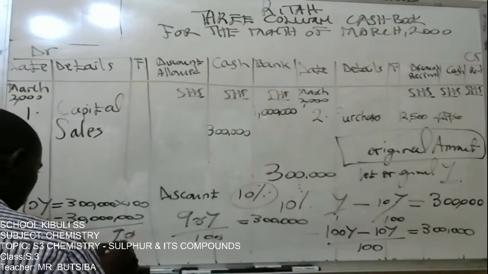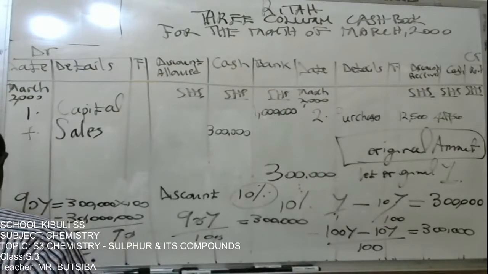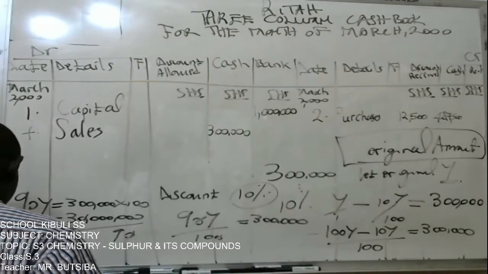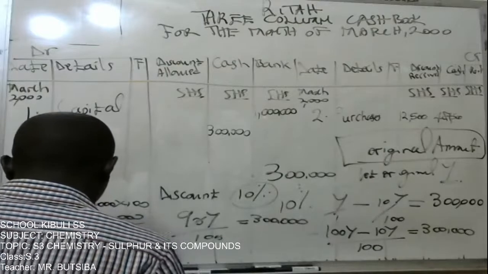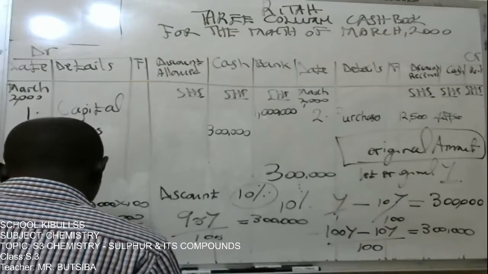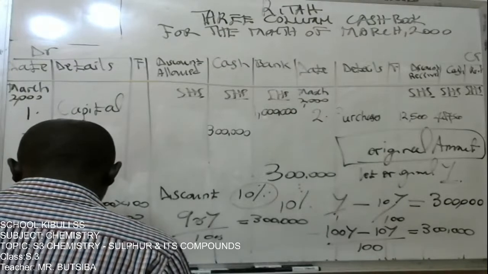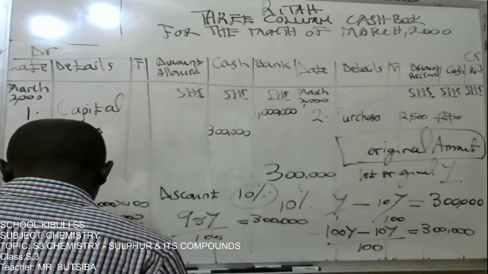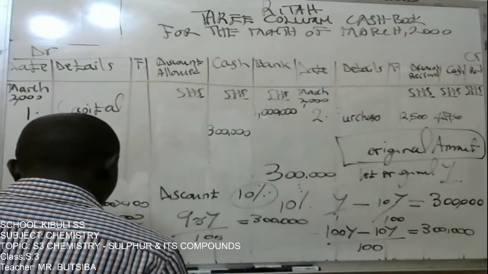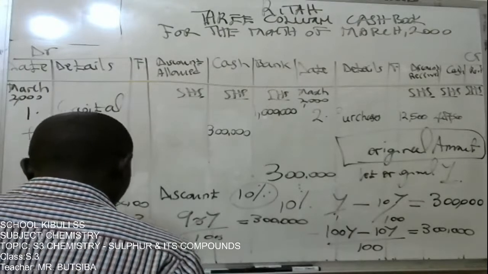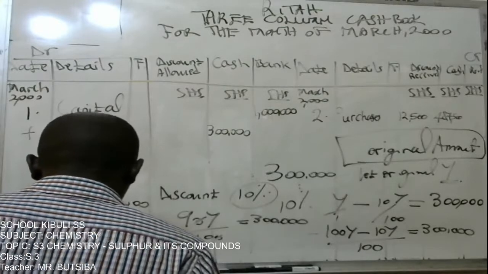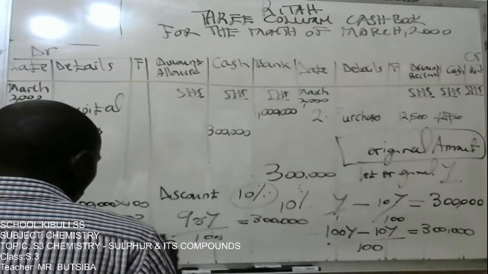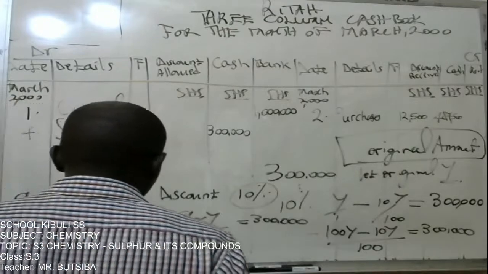So you can remove this 0 and that 0. It remains 3 millions. Divide by 9, and you remain with 333,333.33. So that is the original amount.